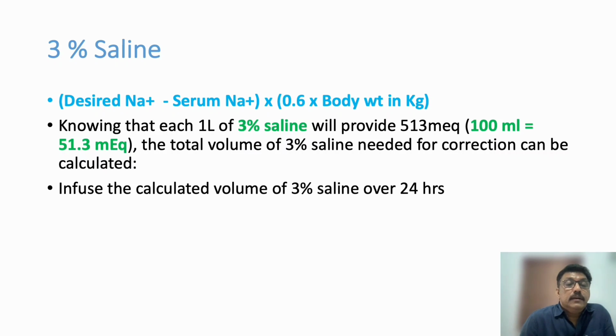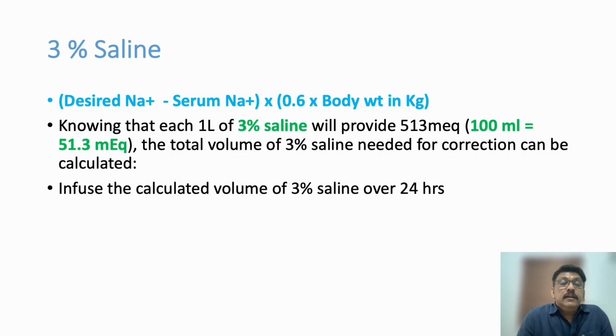Suppose the serum sodium is 120, and your desired sodium is 130 or 135; if you put it as 135, desired sodium minus serum sodium will be 15, into 0.6 into body weight, will tell you the exact amount of sodium required for the patient.